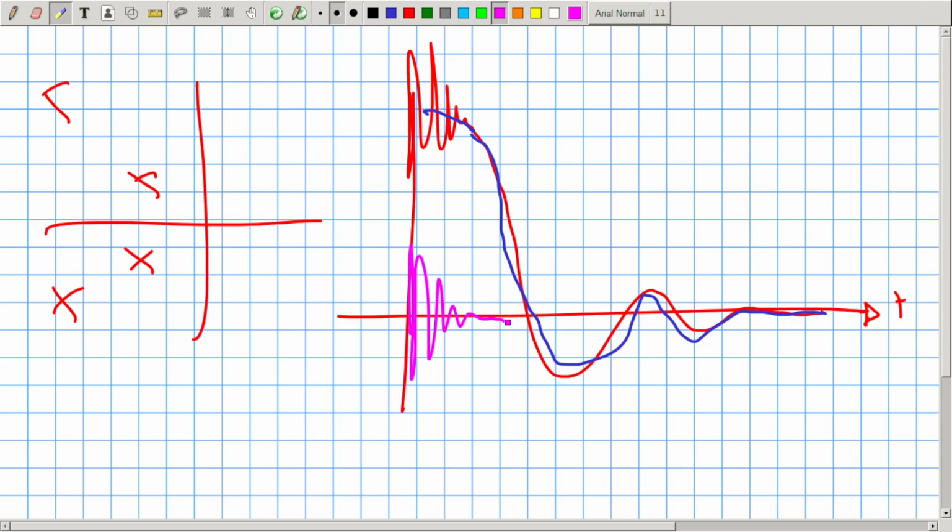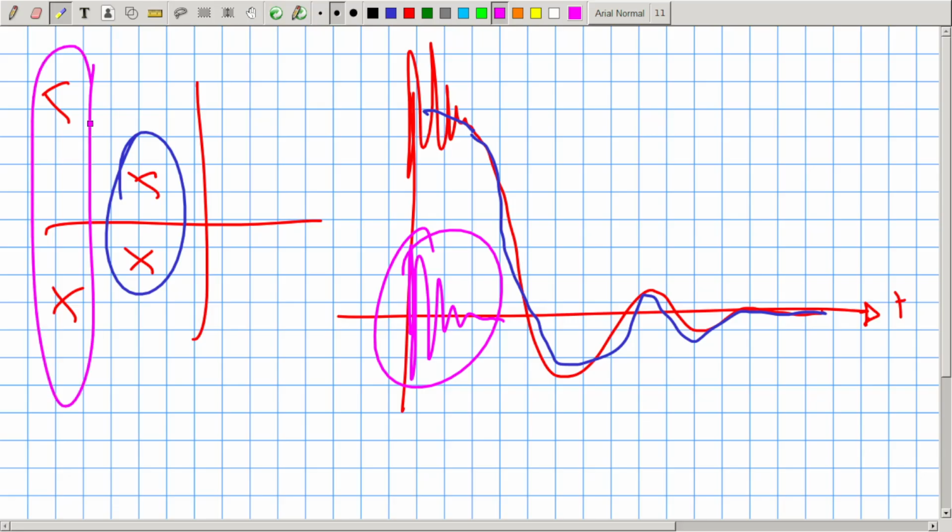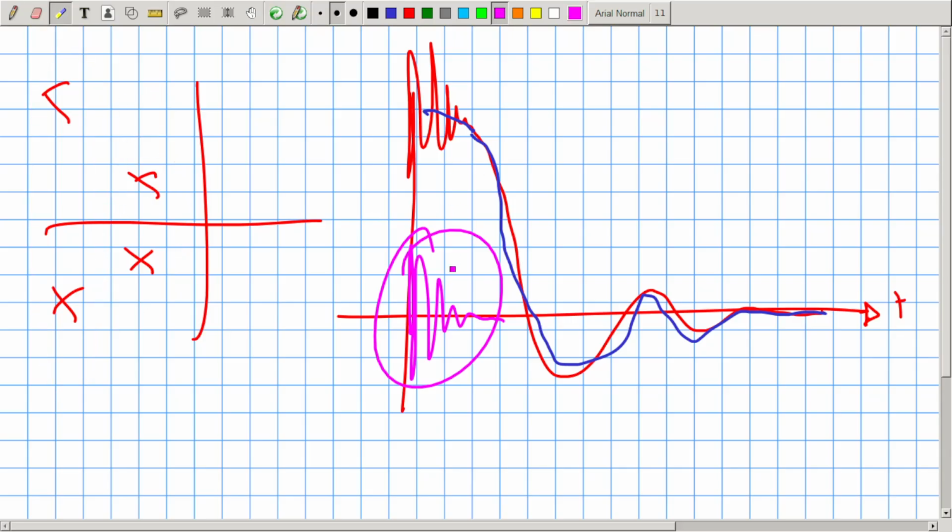True? Where is the blue one from a Laplace perspective? Decay ratio slow, oscillation slow. This one. Let's make it in blue so that we are consistent. This one, decay factor fast, oscillation fast. Where do you have to arrive? Where is where I want you to be at the end of the course? That you see this stuff here and you imagine this stuff here.